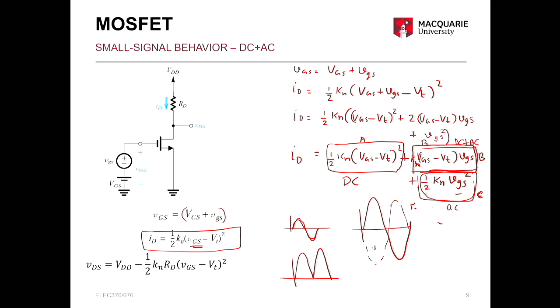So how can we get rid of this DC part? We can just use a coupling capacitor, right? That will give us the second plus third term. The second term is the most useful term, and we need to get rid of the third term as well.